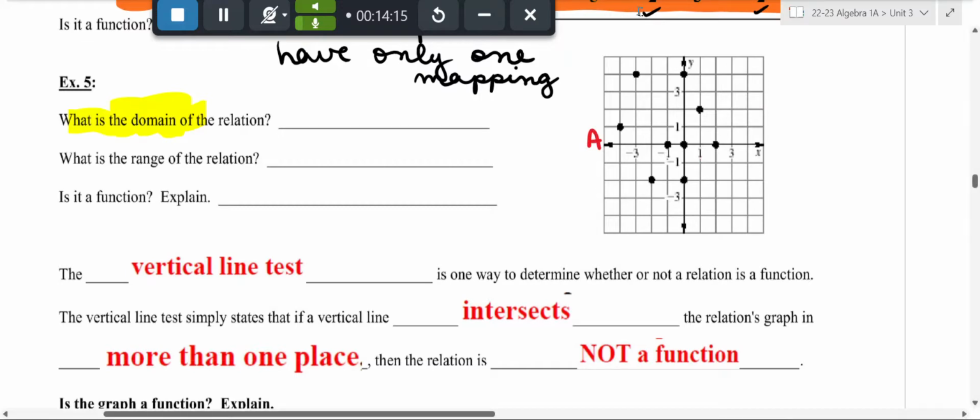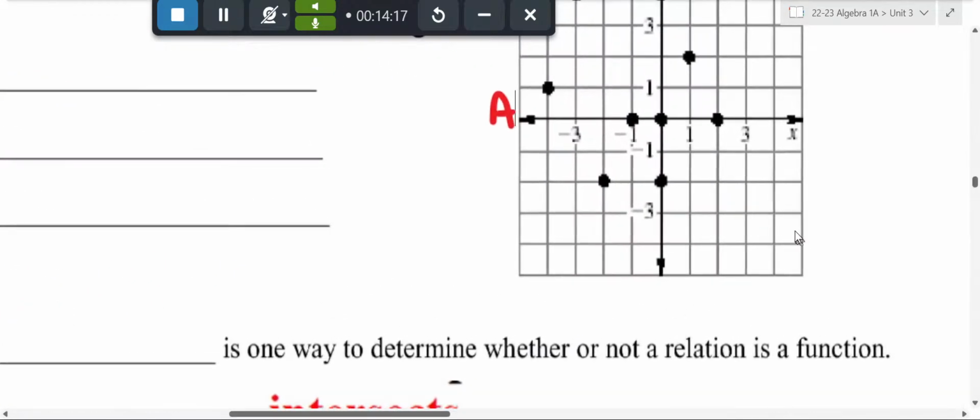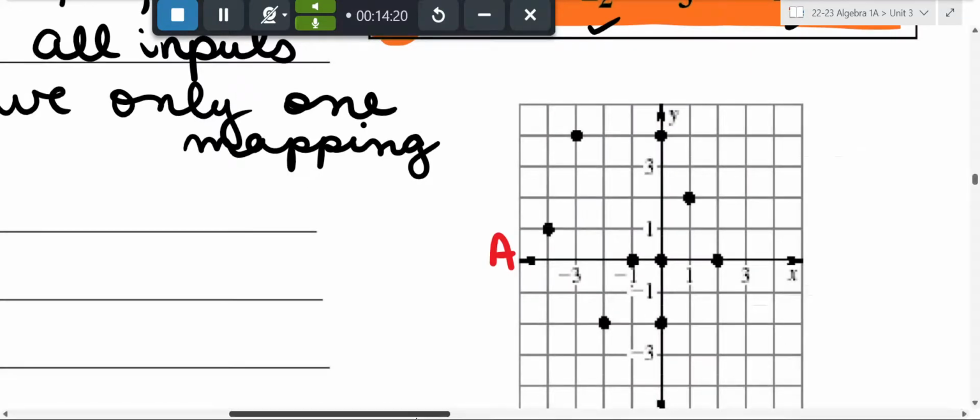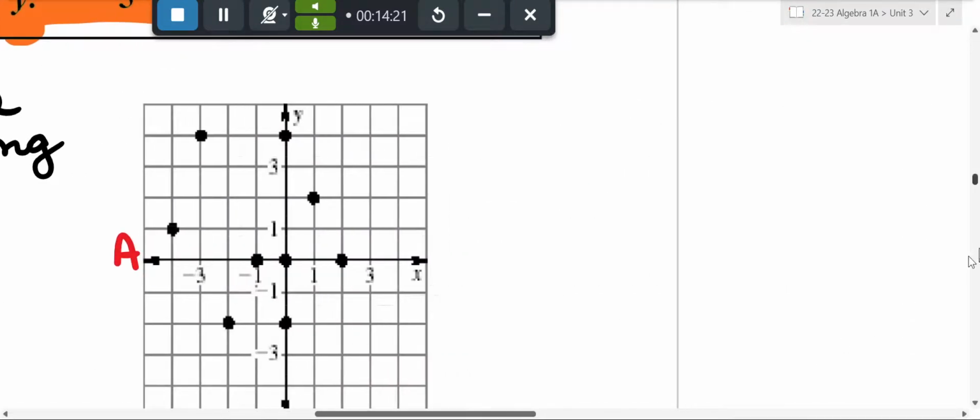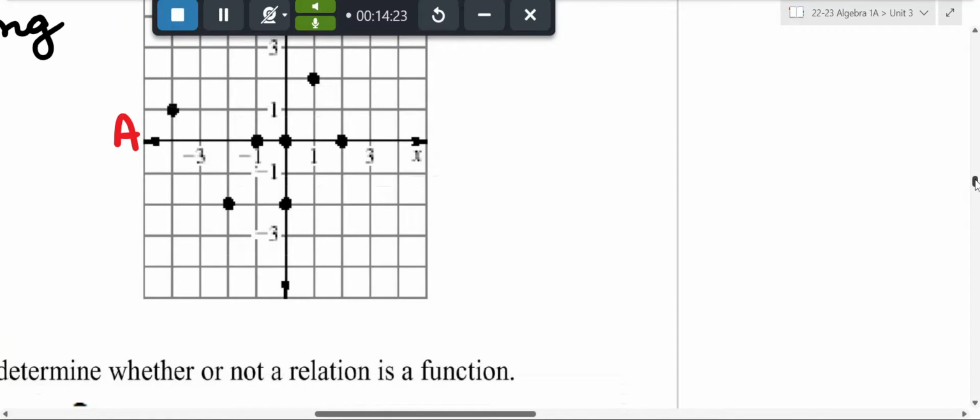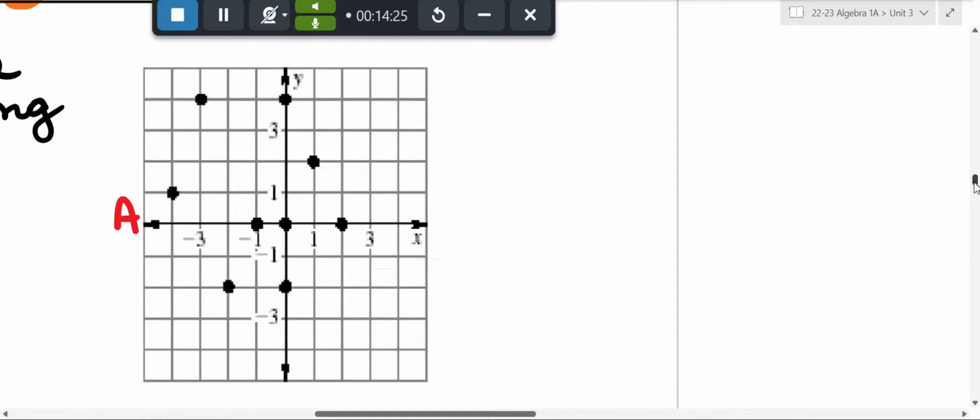So we have A. All right, we have A, B, C, D, E, F, G, H, I, and J. And in class, we talked about how those are not points.